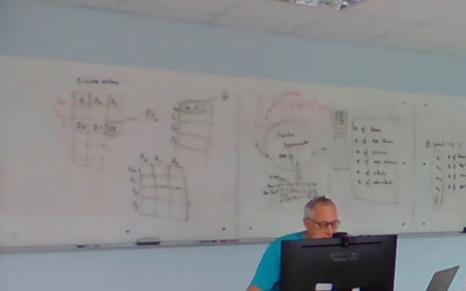So 21, 5, 11, here I get 12, 9, 13, 13, 10, 16. So based on that, I can calculate my gradient.